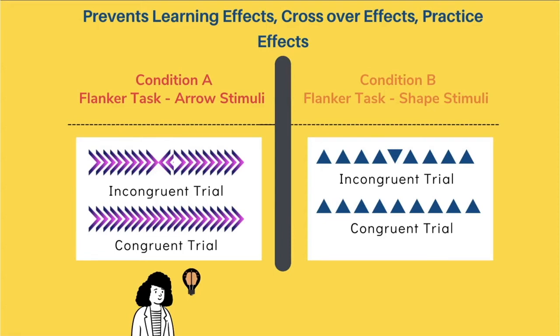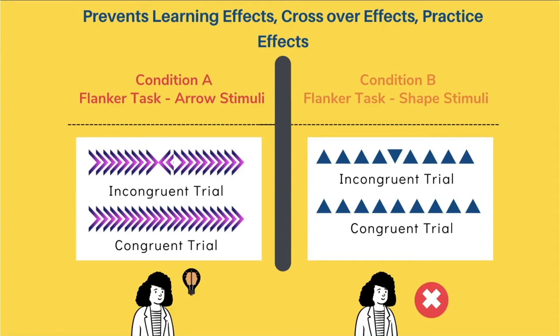It is very likely that she will develop the skills to perform in the flanker task more generally. When she is then subjected to condition B, she might just use her past experience of the learning that she has attained in condition A, which could enhance her performance, giving us an erroneous estimate of her cognitive control abilities across the different experimental conditions.